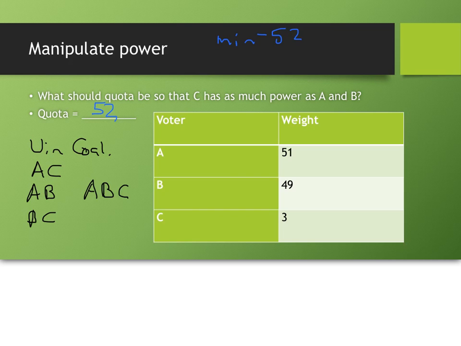And notice in this last coalition, you can drop anything off. None of these are critical, right? If I drop off A, B, C still works. If I dropped off B, A, C still worked. If I dropped off C, A, B still worked. So this coalition where we have all of it, you're not going to get any sort of critical counts.